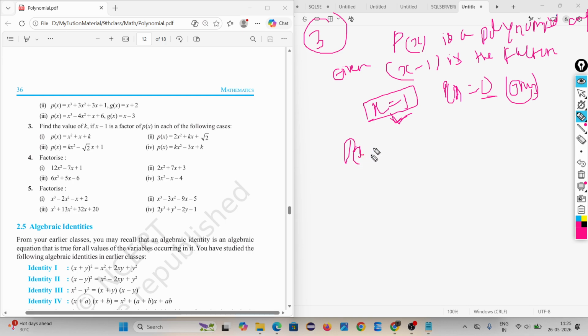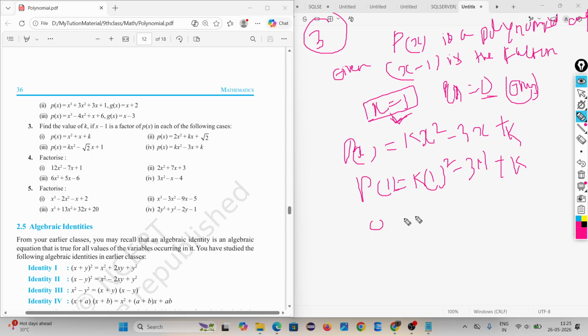P of x equal to kx square minus 3x plus k. P of 1 equal to k into 1 square minus 3 into 1 plus k. 0 equal to k minus 3 plus k, that is 2k minus 3.